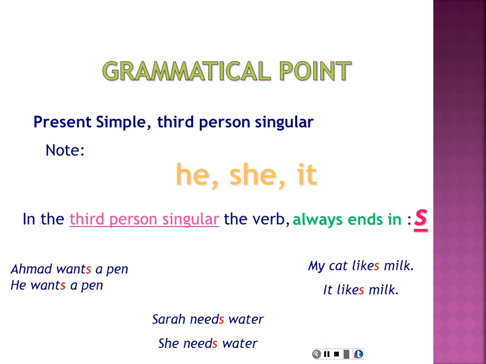Okay, this is the end of this grammatical point, so don't forget to add s to the end of the verb when you talk about third person or singular third person. شخص غائب وهو مفرد. شخص مفرد غائب. So we add s to the verb.